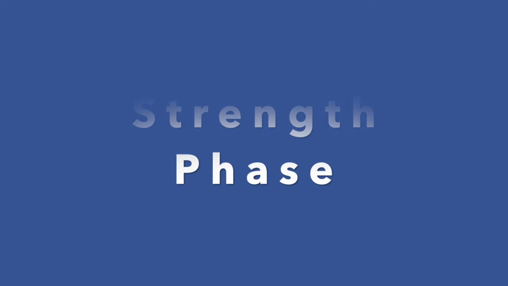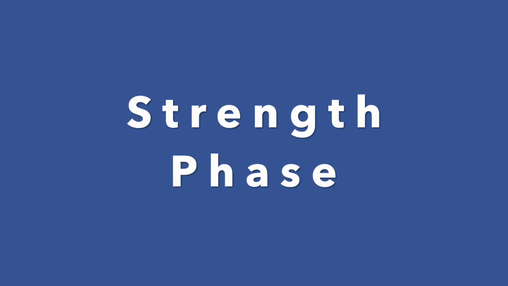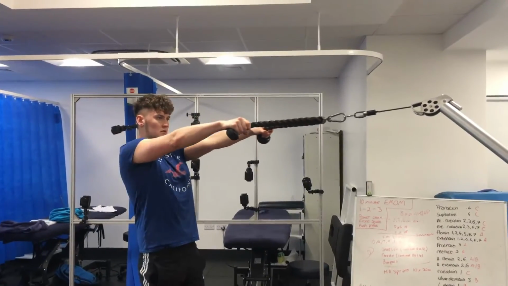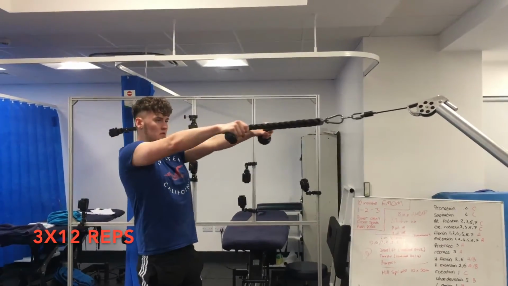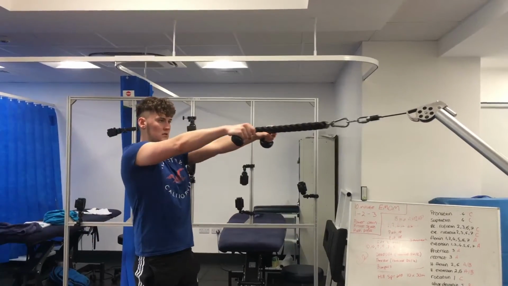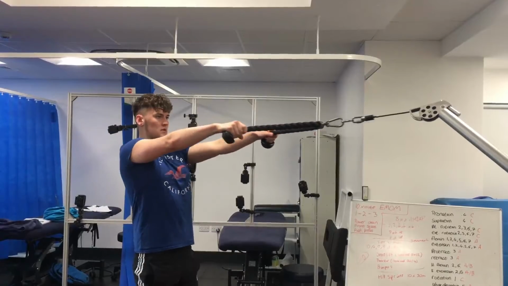The strength phase in the rehabilitation program increases neuromuscular control, overall strength, and dynamic stability. This exercise is actively strengthening the anterior delts as well as the upper trapezius and supraspinatus, all known for scapular weakness.